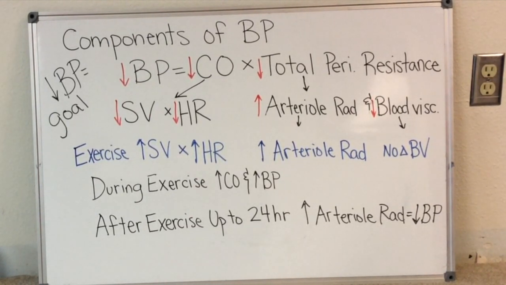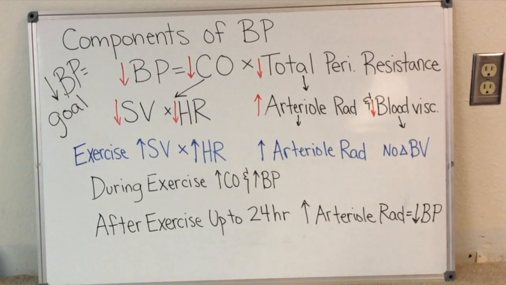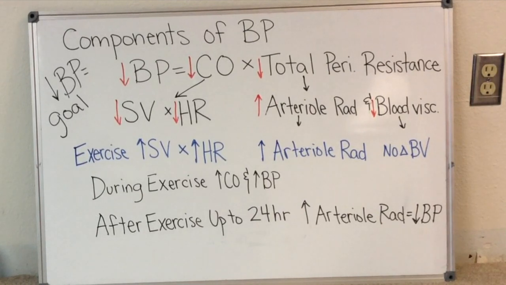This means that 30 minutes of increased blood pressure and cardiac output could result in a decrease in blood pressure for up to 24 hours. This is why exercise is commonly prescribed as a way to decrease blood pressure long term. However, someone with hypertension should never engage in physical activity without first talking to their doctor.